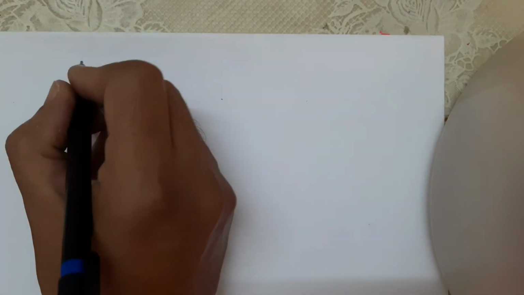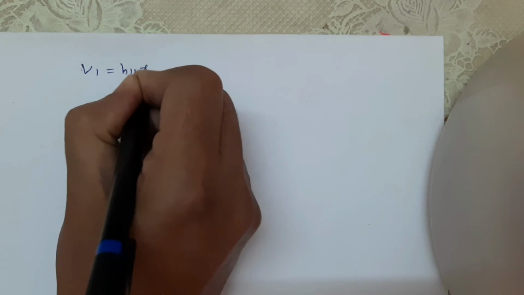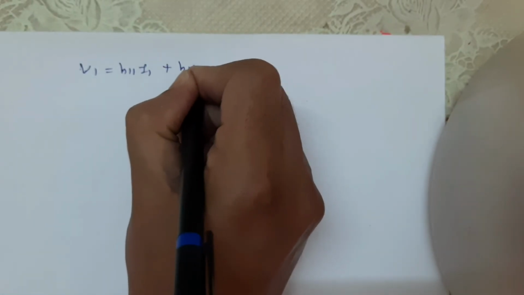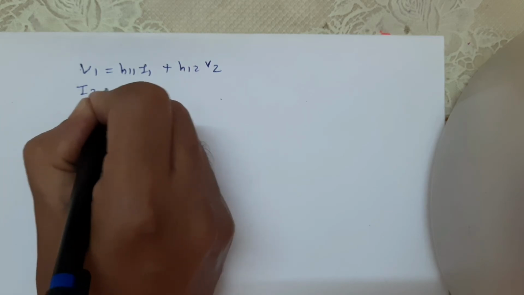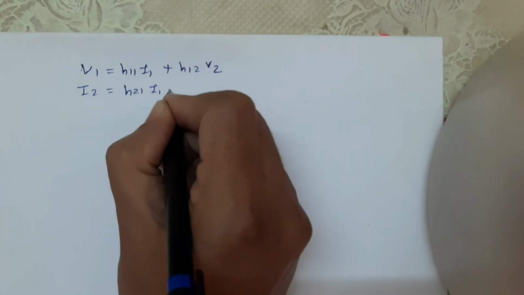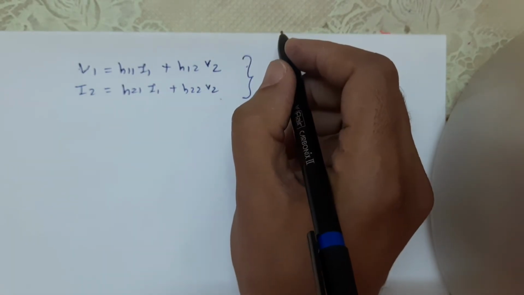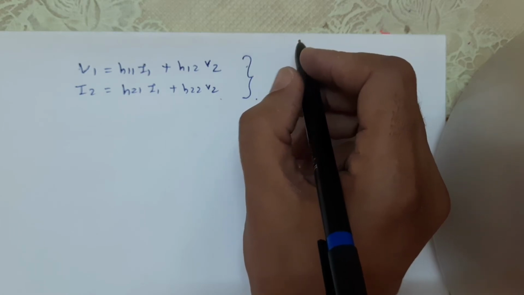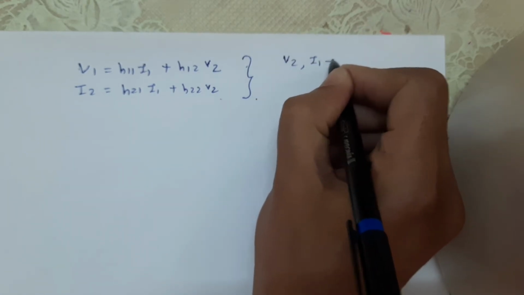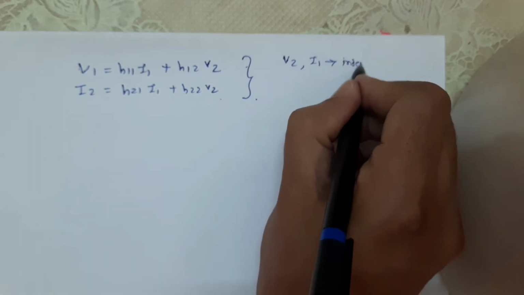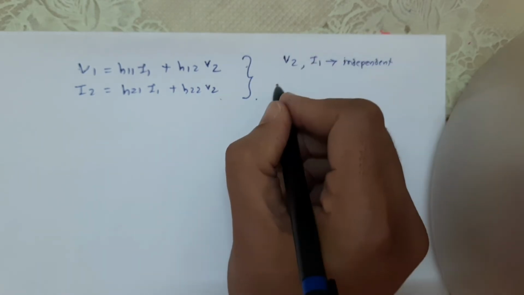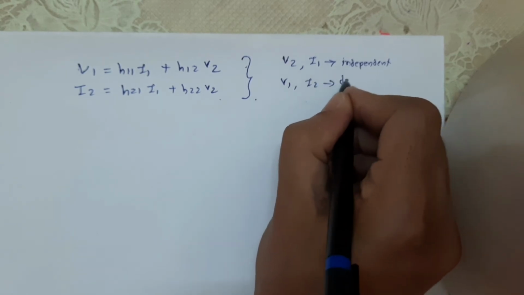So to describe all this, we again use the above equations, equation 1 and 2: V1 is equal to H11 I1 plus H12 V2, I2 is equal to H21 I1 plus H22 V2. Here we choose V2 and I1 as independent and V1 and I2 as dependent.